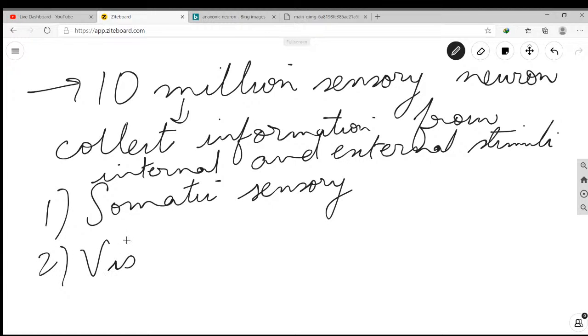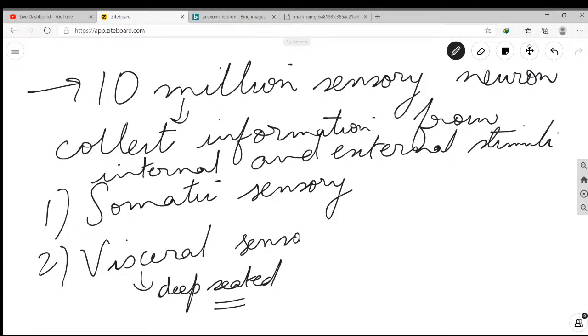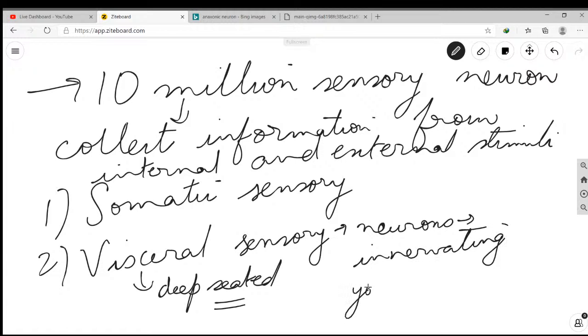Visceral means always organs, deep seated or deep rooted. That is the meaning of the word in biology. So visceral sensory neurons are whatever neurons are innervating your internal organs.